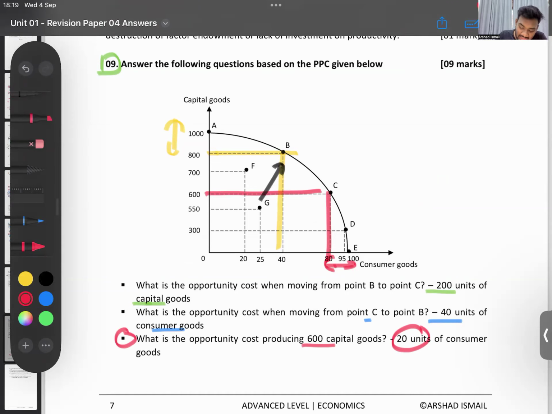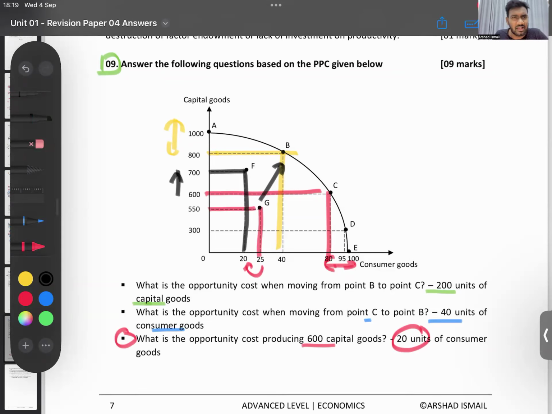Now, some of you will think, when going from G to B, you're reducing consumer goods by 5, so the opportunity cost has to be 5 consumer goods. But to actually go from G to F, sorry, not G to B, G to F, there is no opportunity cost. When going from G to F, that is 550 capital to 25 consumer. To produce these capital goods, do you have to sacrifice 5 consumer goods?